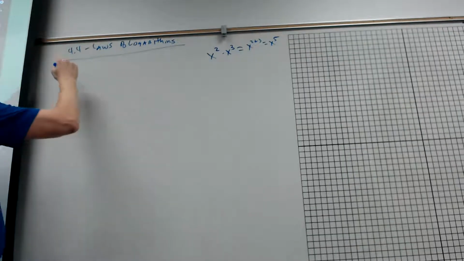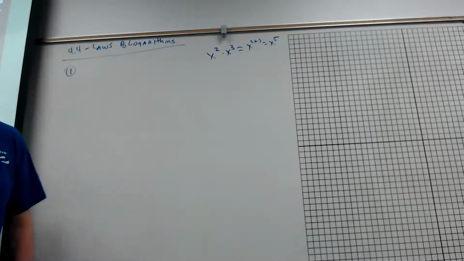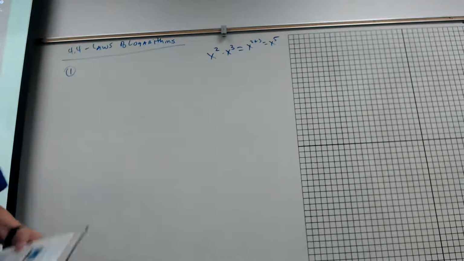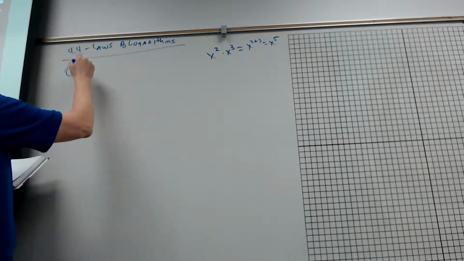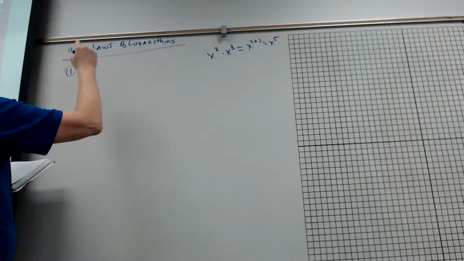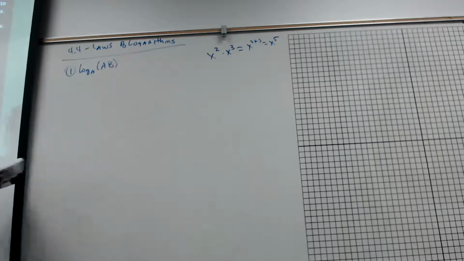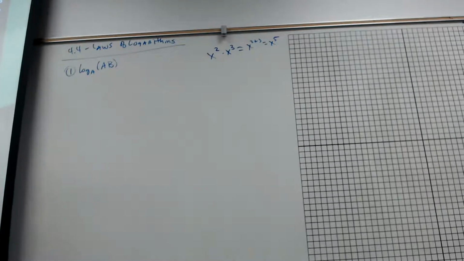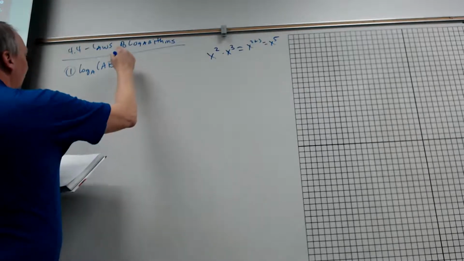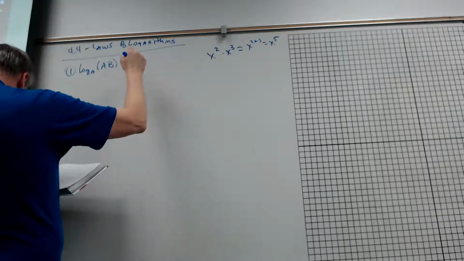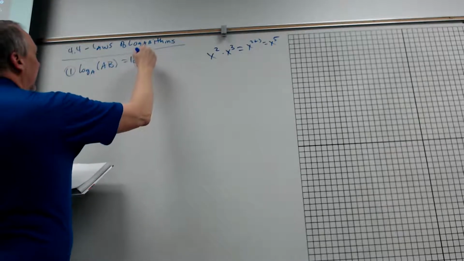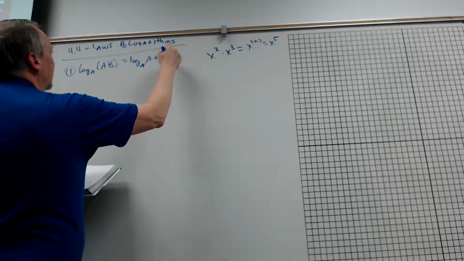So it works the same way with logarithms, okay? If I have log base a of two numbers here, those numbers represent exponents. So I could rewrite that as log base a of a plus the log base a of b.